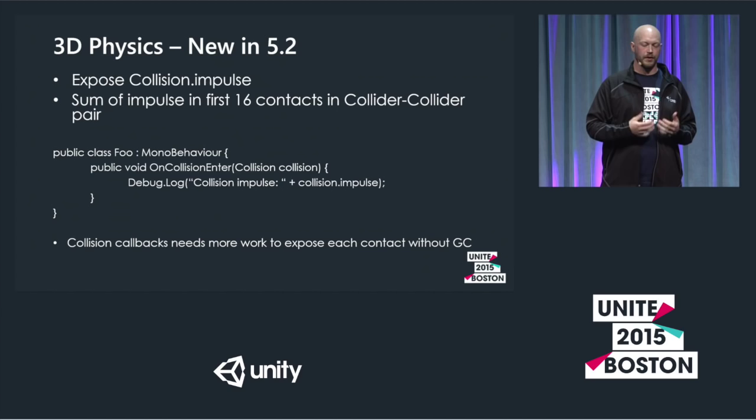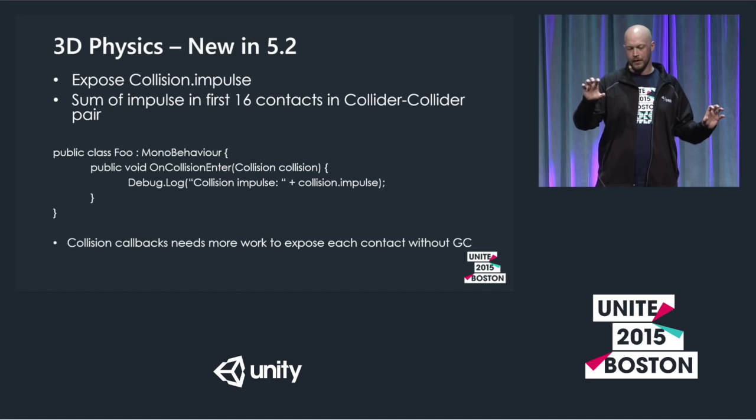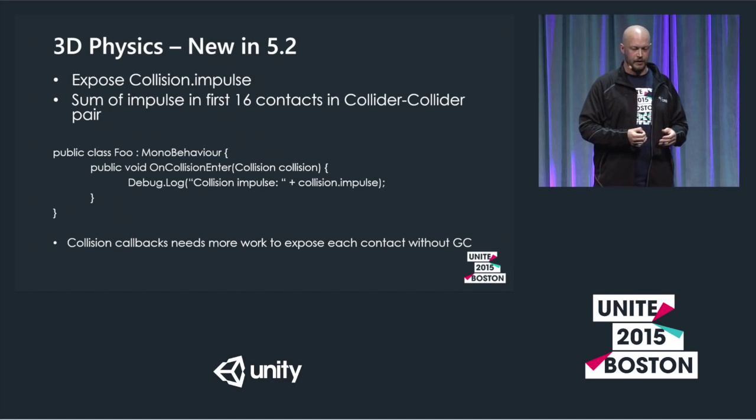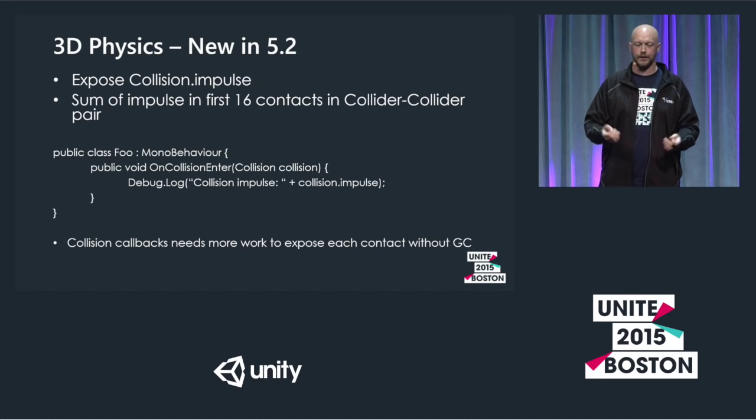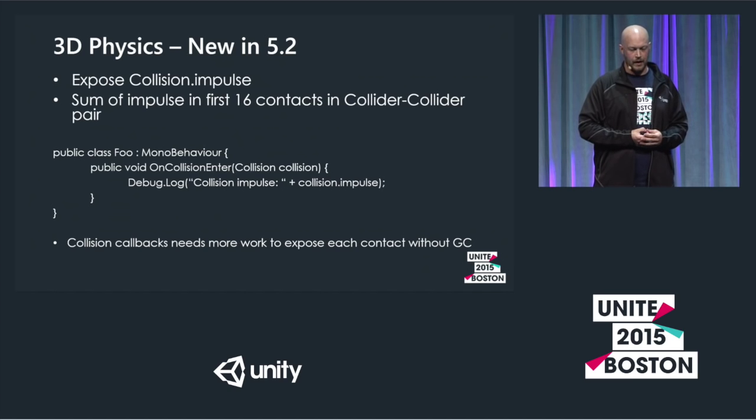So now you can tell on a collider basis in a collision how much energy, how much impulse the solver needed to push these two objects out of each other. The way we report that to you is that we only look at the first 16 contacts in a set of collisions, which is usually by far enough to describe the whole collision. And then we sum it up, and then we pass it back to you.